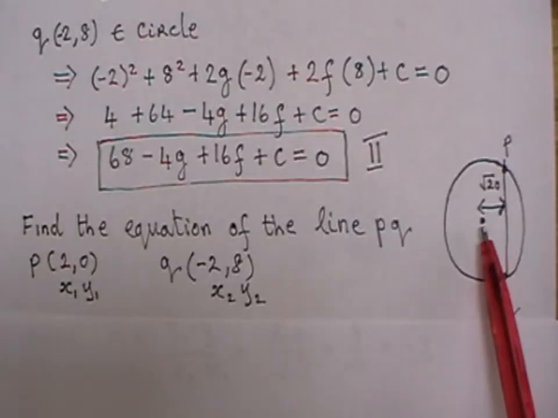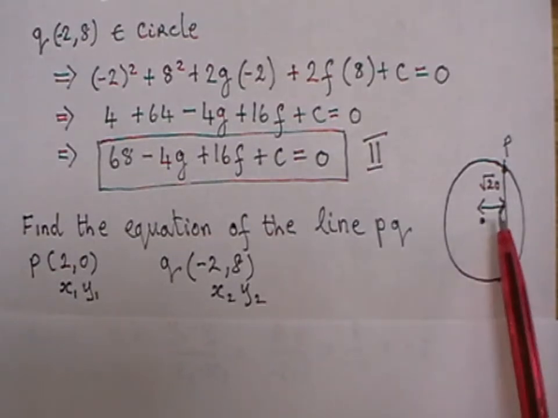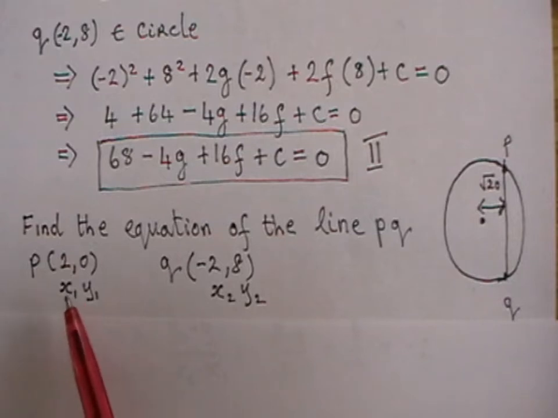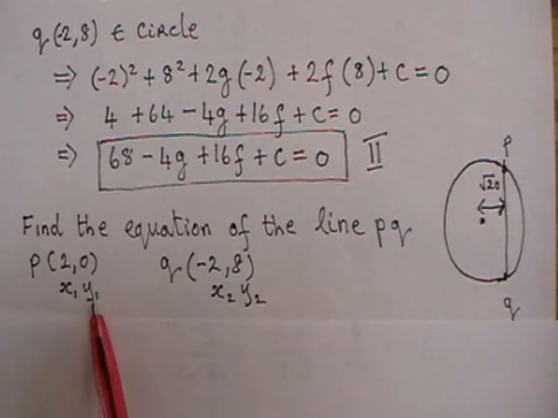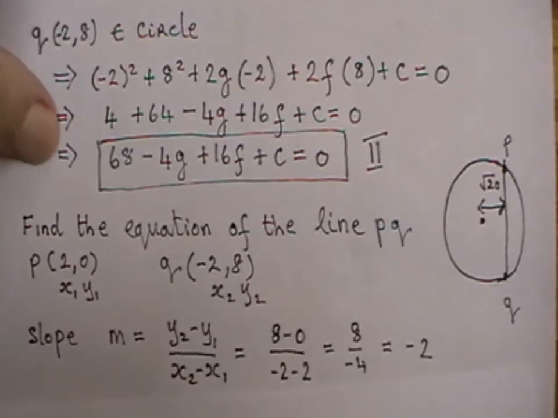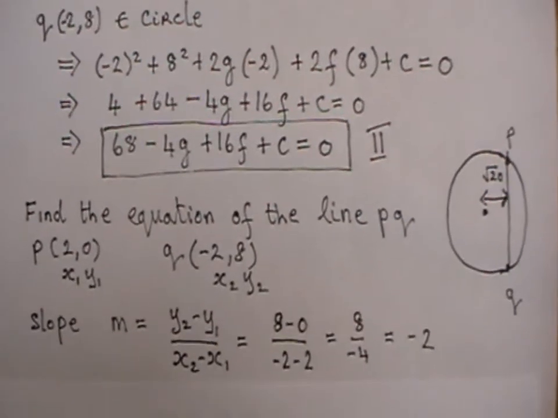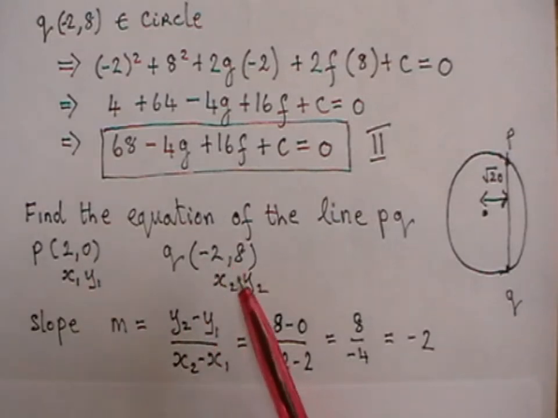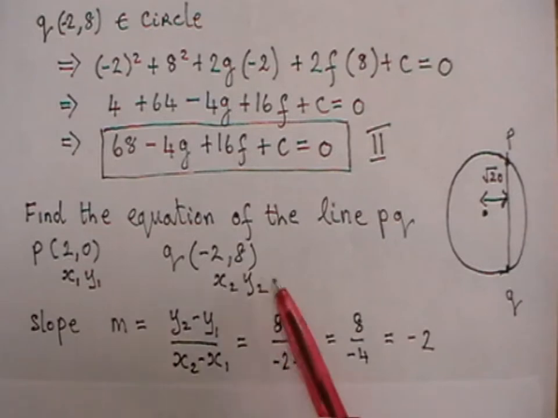In the question you're told the centre, which is given by (-g, -f), is the square root of 20 from the line from P to Q. So I think we'll get the equation of the line from P to Q. x1, y1, x2, y2. The slope formula will give us 8 minus 0 over -2 minus 2, or 8 over -4.